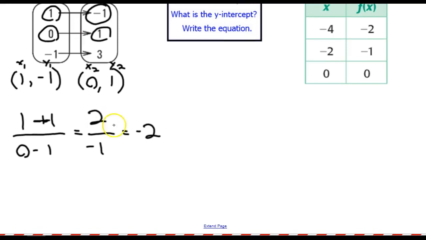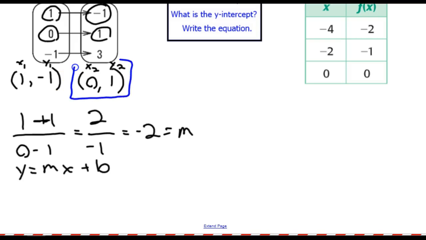Now we take whichever point we want and put that into our equation. Remember, y equals mx plus b. Our negative 2 is our m. So I'm going to take 0, 1, because it has a 0, and a 0 is easy to work with.